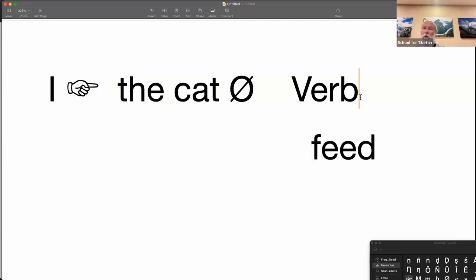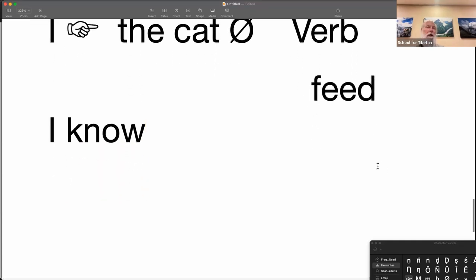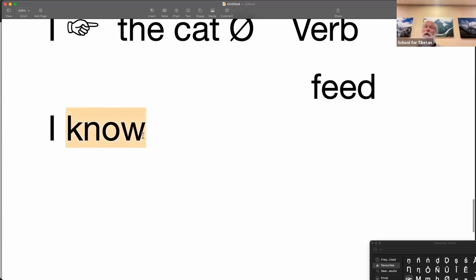An involuntary verb. I know. To know is generally speaking an involuntary verb, because the result of that action is not necessarily under your control.